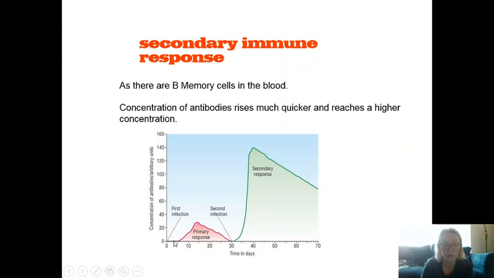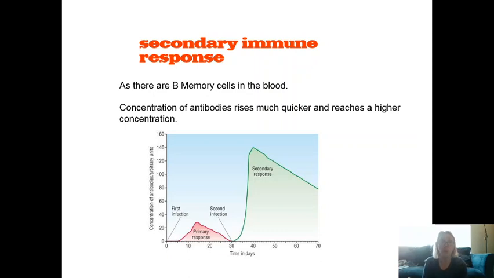So instead of the primary response, where it takes a few days for that clonal selection process, and we only get a small concentration of antibodies, and we would have the symptoms there, because of the vaccination we go straight to that secondary response.